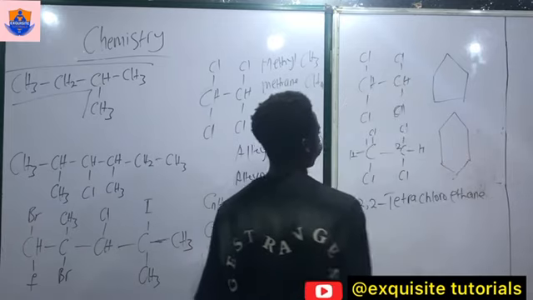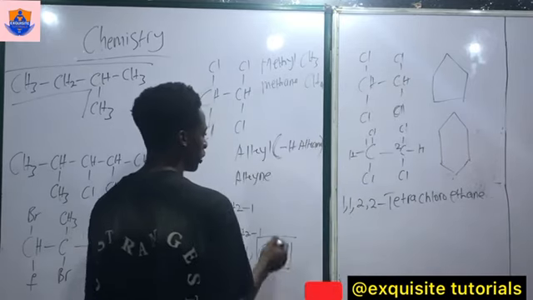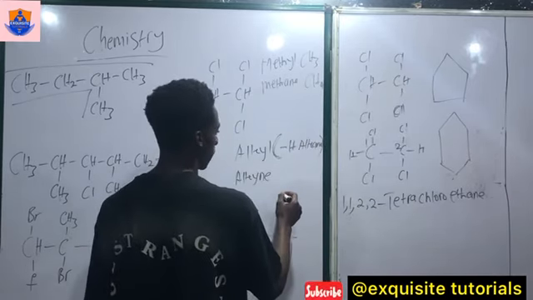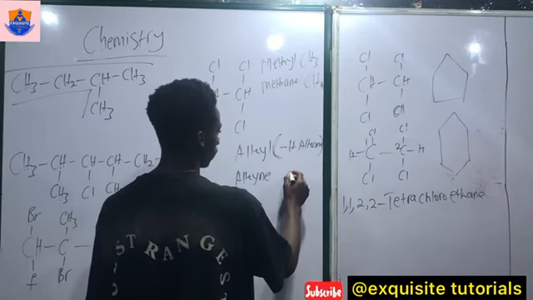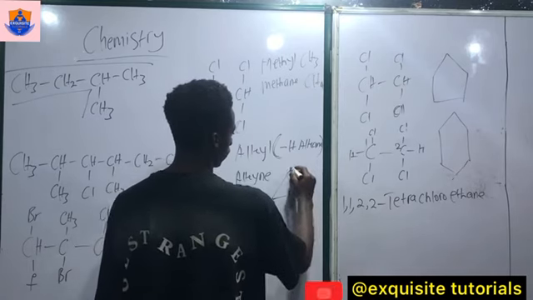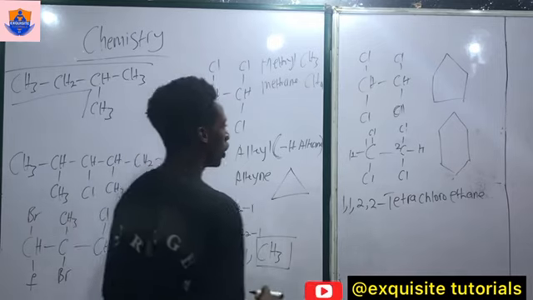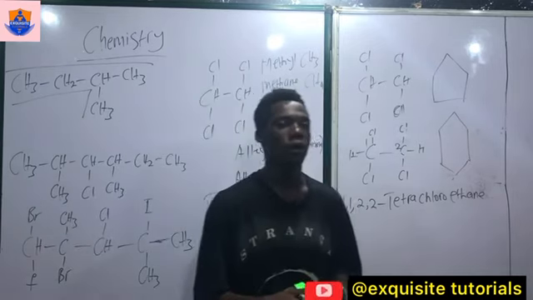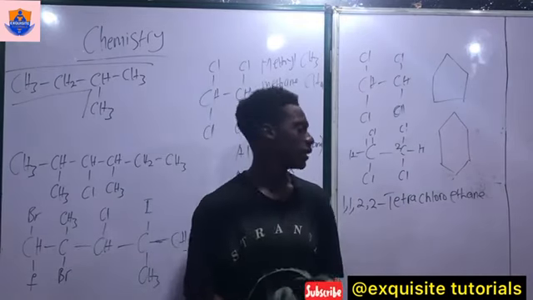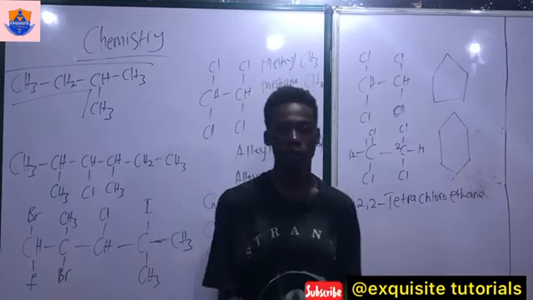This is not a benzene structure. We have something like this, and so on. So now we're going to be dealing with this compound and how to name them with their functional groups attached to them. All right.